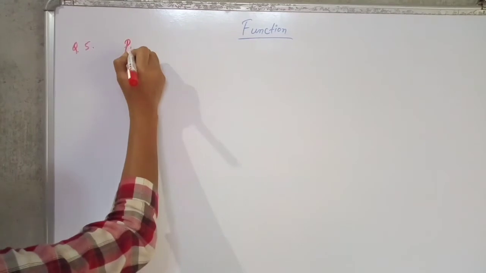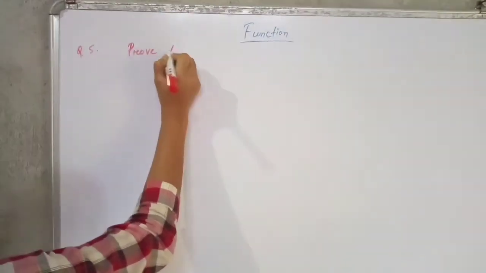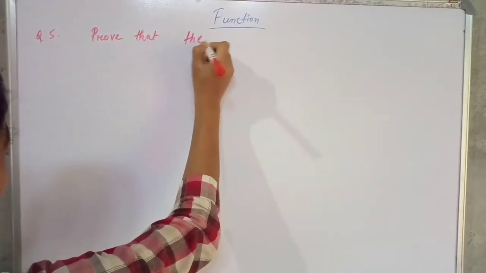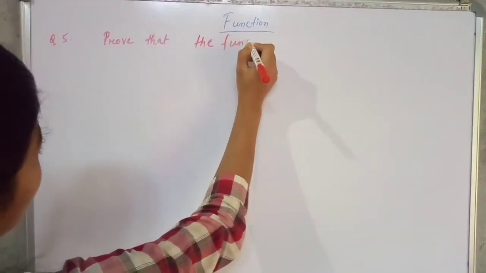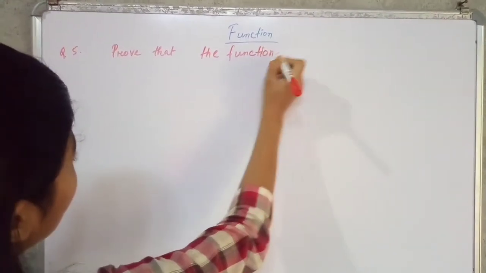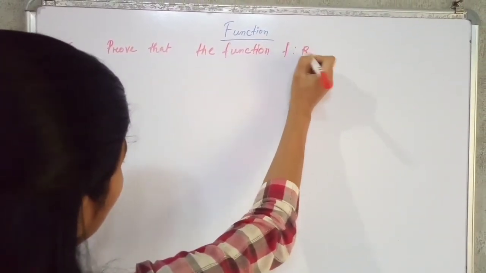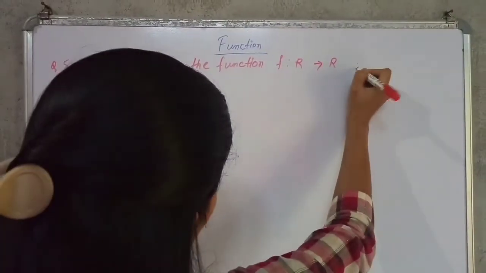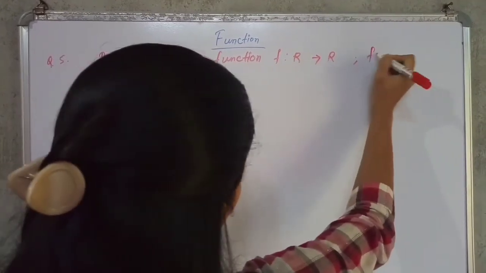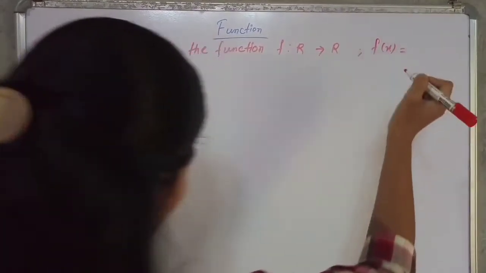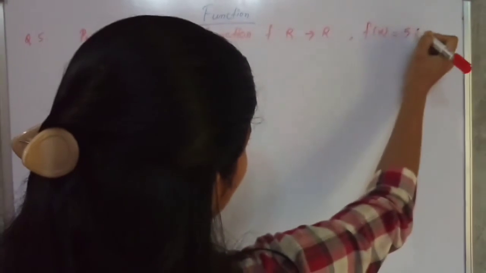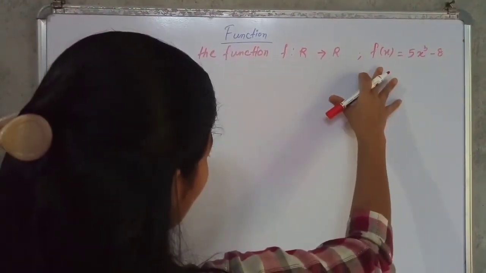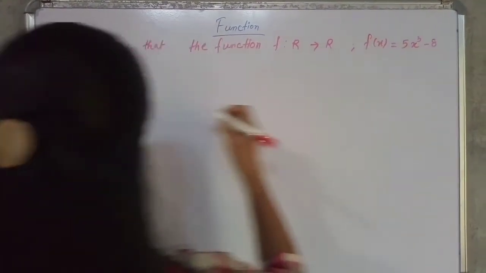Prove that the function f from the set of real numbers to the set of real numbers, defined as f of x equal 5x cube minus 8, is bijective.